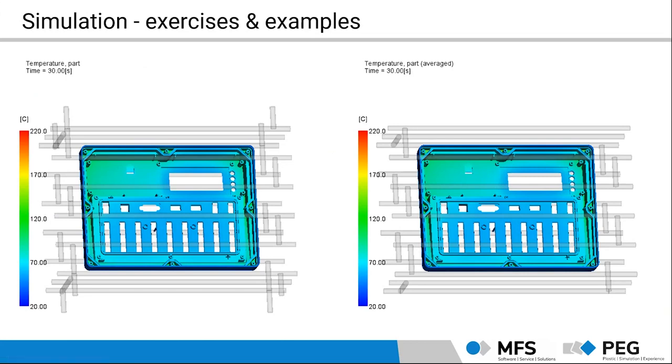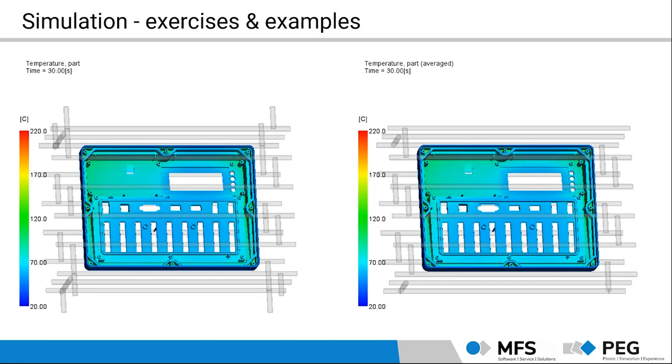For example, you see here a result which looks the same, just by the name of the result. We see on the left it's called temperature part, while on the right side it's called temperature part average. So the right side is from a Cool FEM, and as shown in the name, it is averaged across the cycle, while the left result is from a Cool BEM. And as we see, it looks the same in the end.